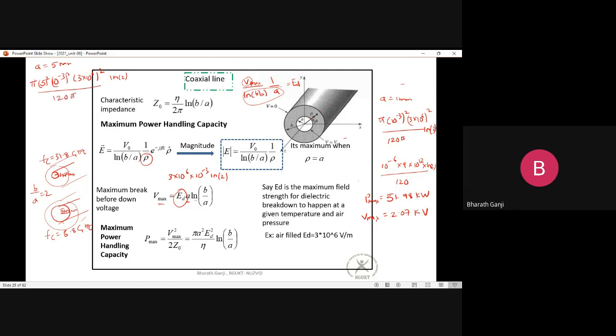So you can see that I have the same expression, but instead I have a 25 square extra here. So it is 51.98 into 25, right?